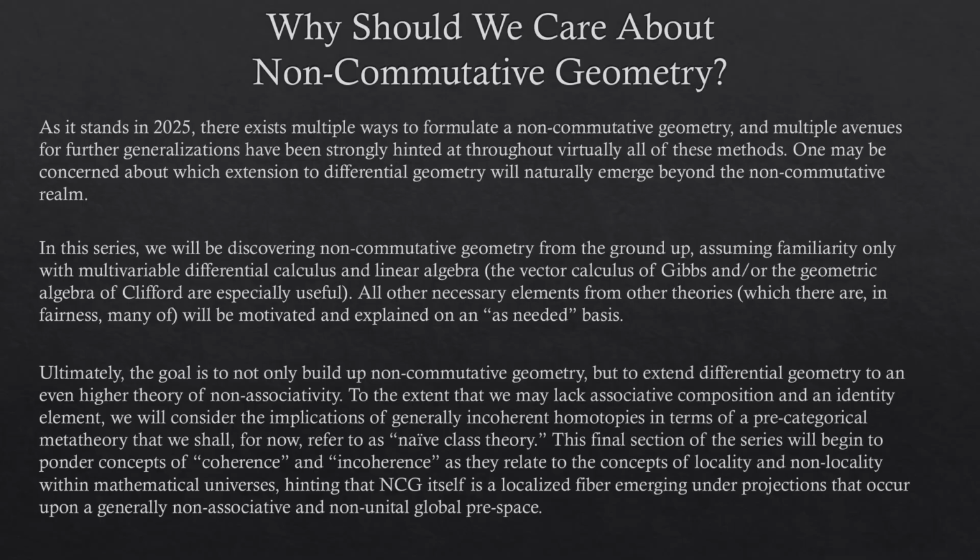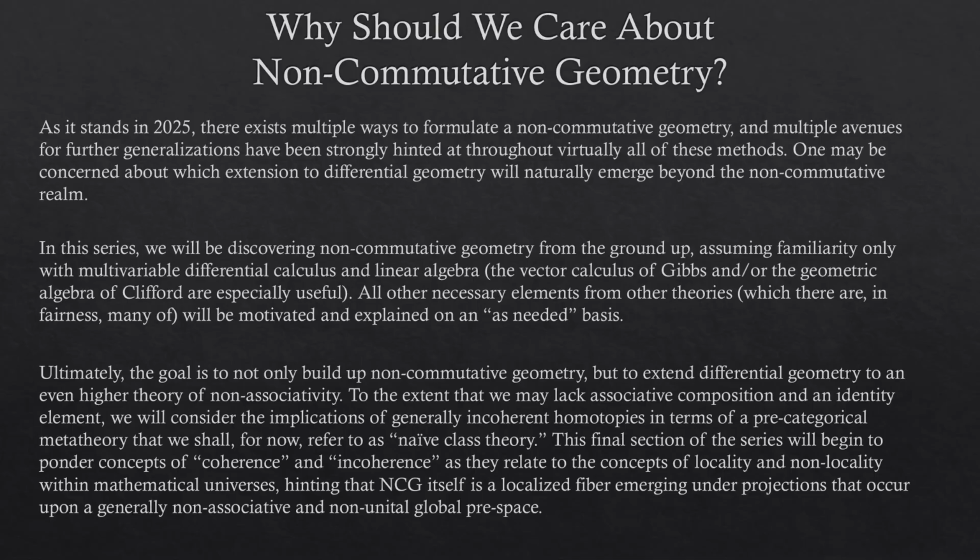Ultimately, the goal is to not only build up non-commutative geometry, but to extend differential geometry to an even higher theory of non-associativity. To the extent that we may lack associative composition and an identity element, we will consider the implications of generally incoherent homotopies in terms of a pre-categorical meta-theory that we shall, for now, refer to as naive class theory.